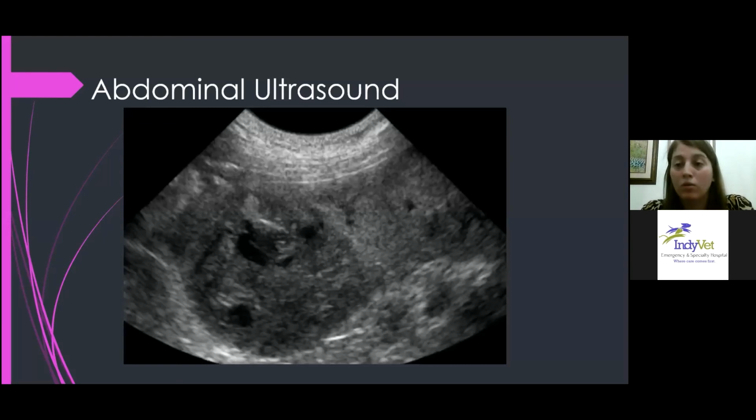There can be infiltrative cancers such as lymphoma or mast cell that you still might want to take a sample of and rule out. Ultrasound also allows for guided fine needle aspirate or biopsy. This is a picture of the spleen with a large splenic tumor that is also cavitated with fluid inside.